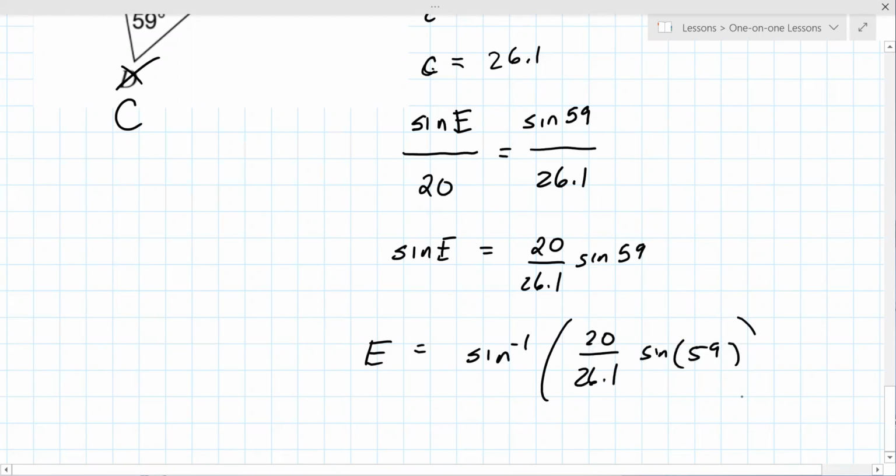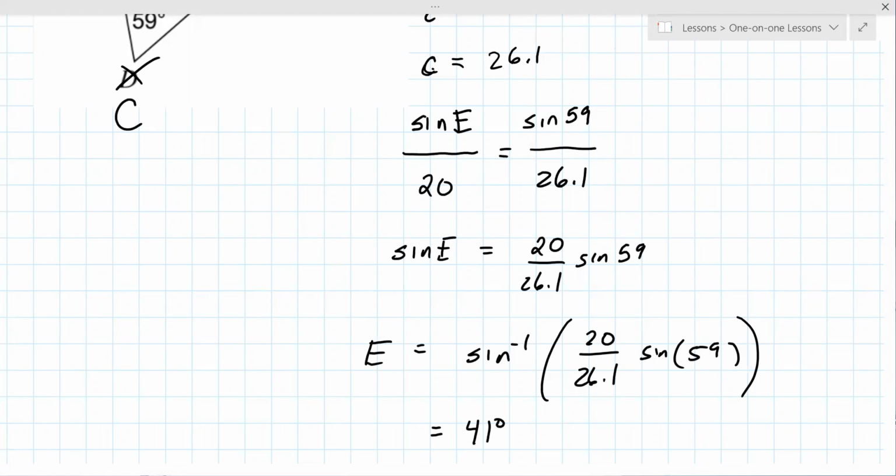You can do that all on your calculator and get the result right away. All right, look at that. It's about 41 degrees according to the answer key.